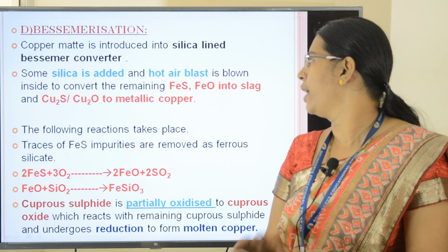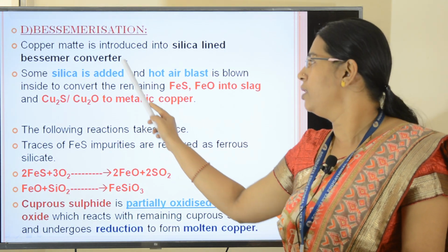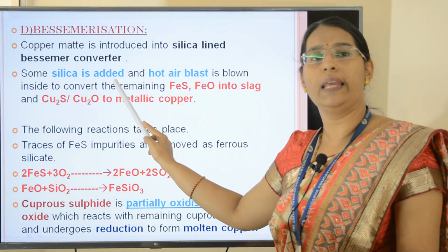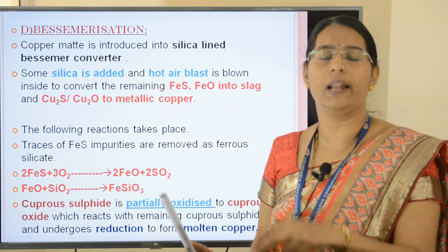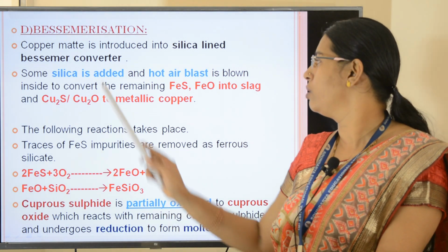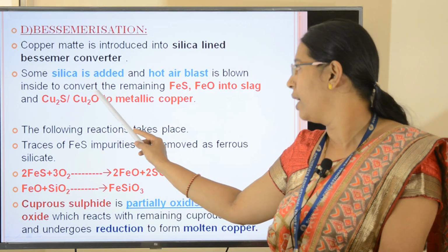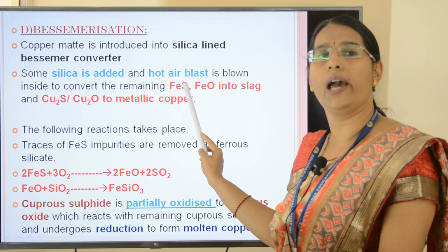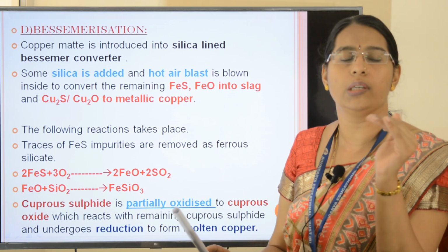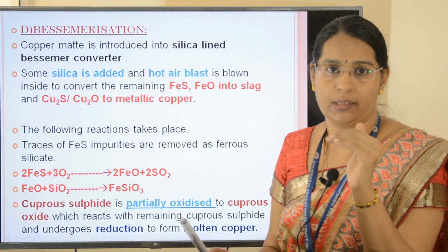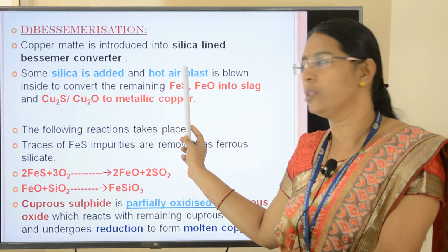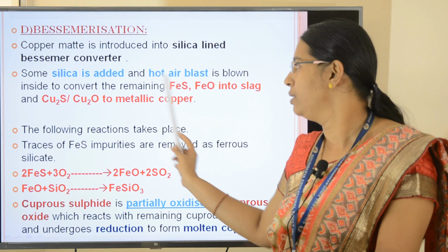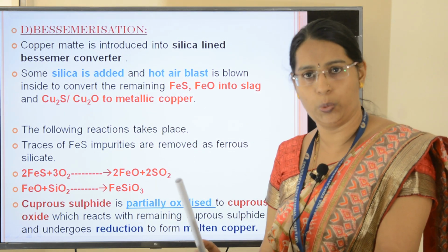Then the various reactions taking place here: some amount of silica is also added, which acts as the flux, just like the previous reaction. Here also the hot air blast is introduced using the pipes known as tuyeres inside the Bessemer converter.